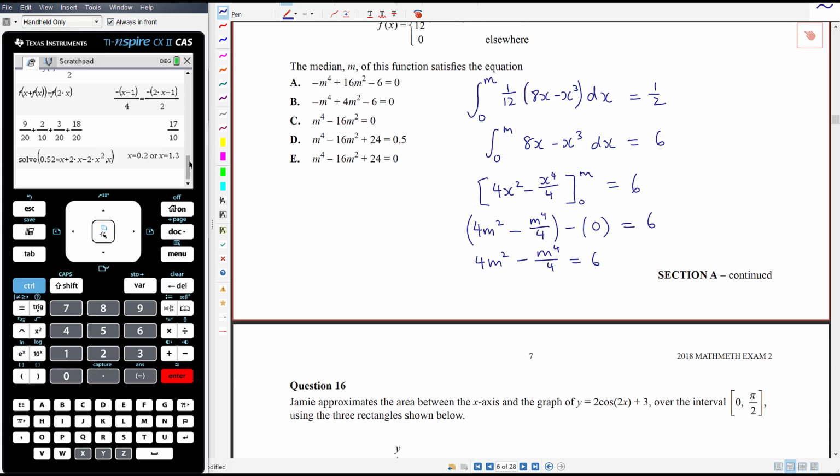If we multiply everything by 4, we're going to get 16m squared minus m to the 4 equals 24. And then rearranging that just to check which of these it's going to work, I'm going to add everything over onto the right, so it'll be 0 equals m to the 4, take away 16m squared, plus 24. So option E.